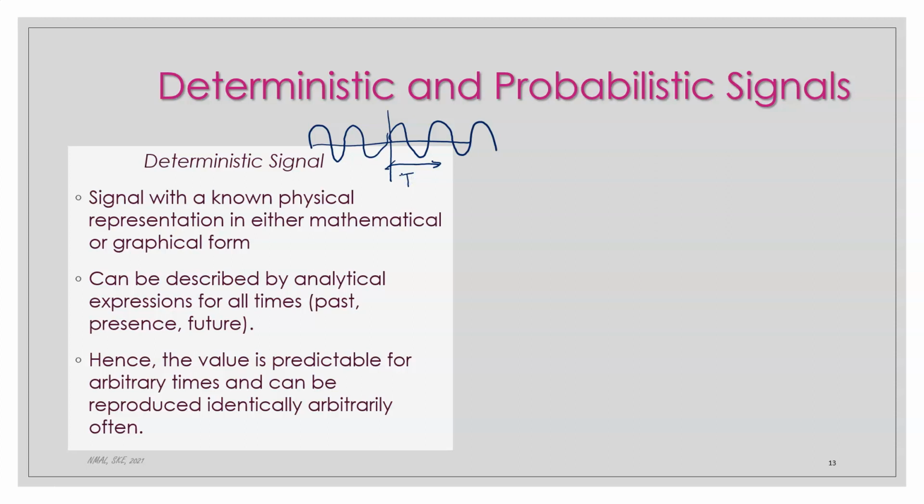So basically you can describe the future signal on the left and the past signal on the right, and you can describe the signal clearly by using a sine function or a cosine function.